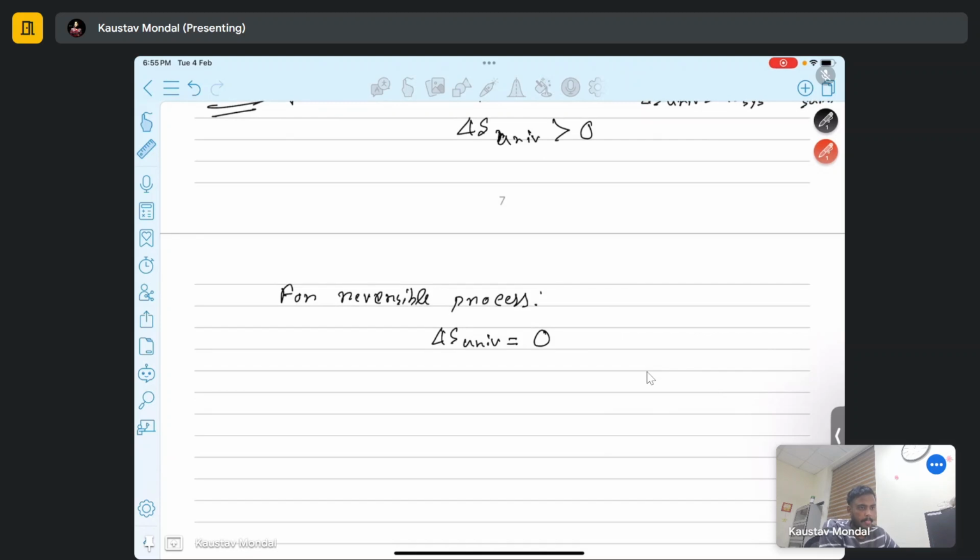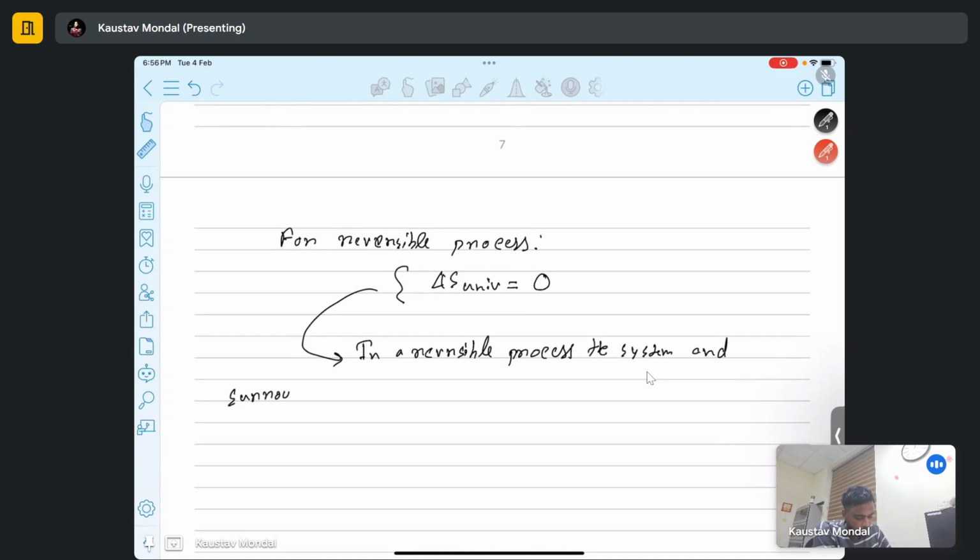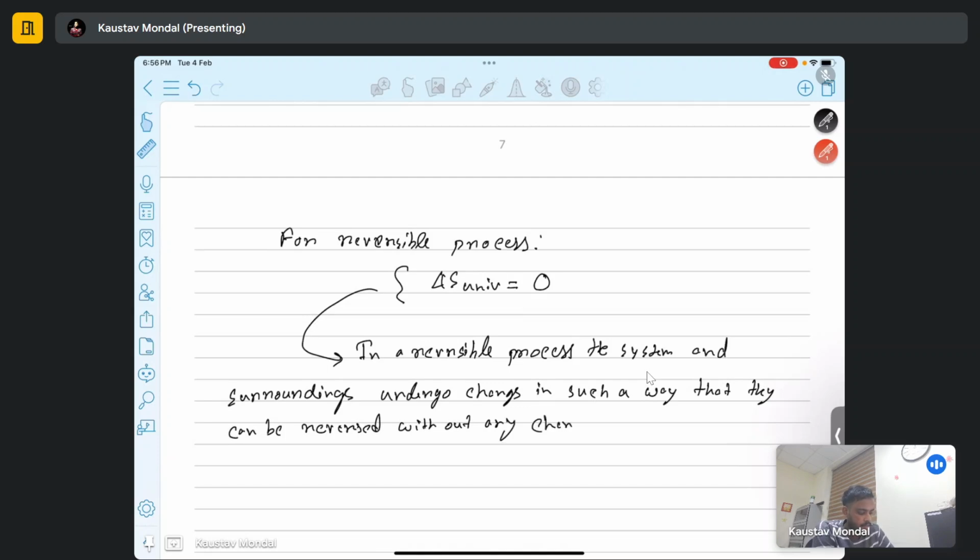From this we can state that in a reversible process, the system and surroundings undergo changes in such a way that they can be reversed without any change in entropy.